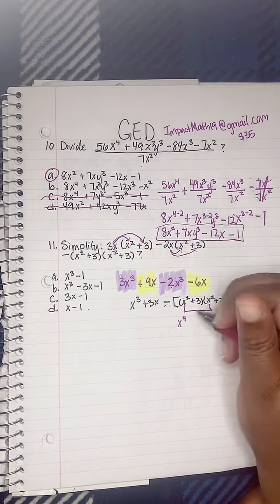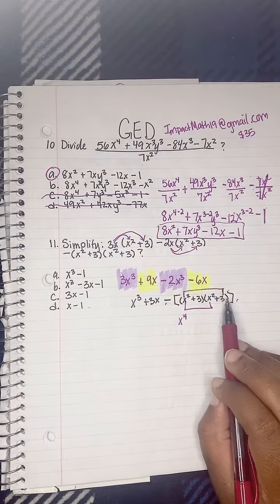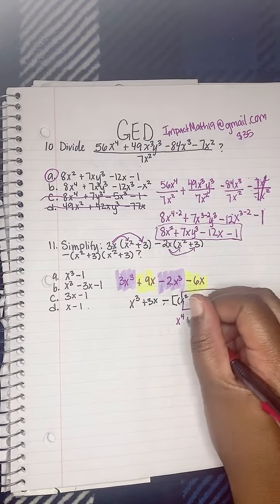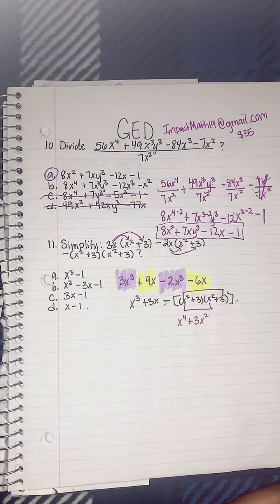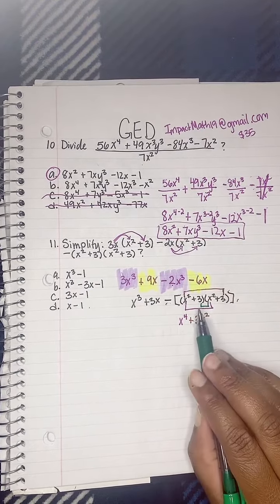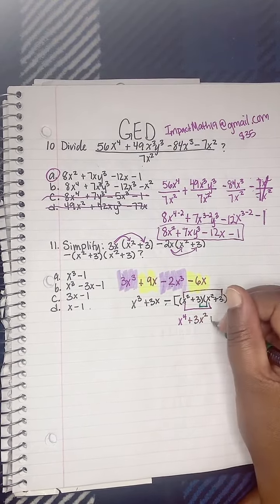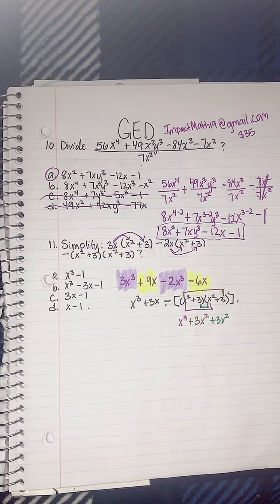Okay, then we're gonna go here. X squared times 3 gets us 3x squared. And then we're gonna do our inner, which is these two right here. 3 times x squared gets us 3x squared. And then we're going to do our last. We can do FOIL with this because it's 2 binomials.